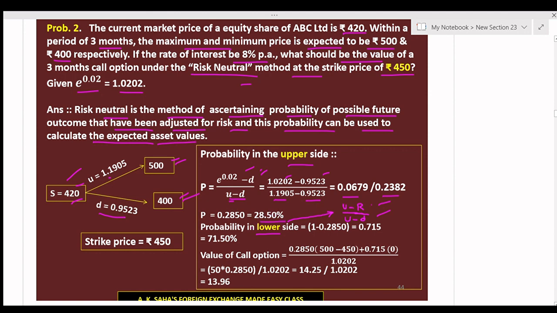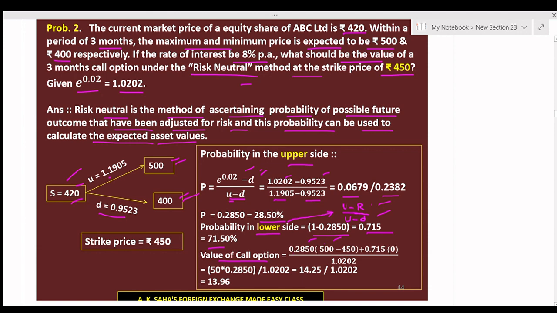That is probability on the upper side, and probability of the lower side will be 1 minus P of the upper side is equal to 71.50%.